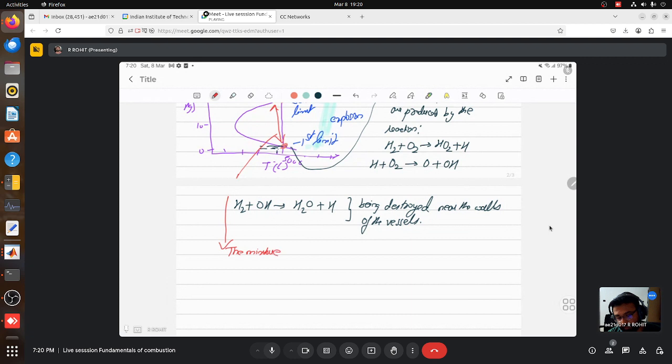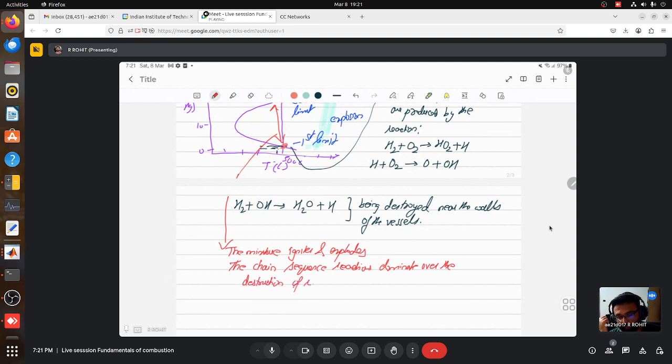At a sufficient value of pressure, the chain sequence reactions dominate over the destruction of radicals at the walls.